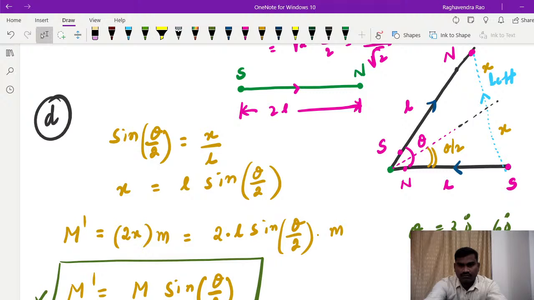This will happen only when the bend is at the midpoint of the bar magnet with the two parts making some angle theta with each other. So M dash is equal to M sine theta by 2.